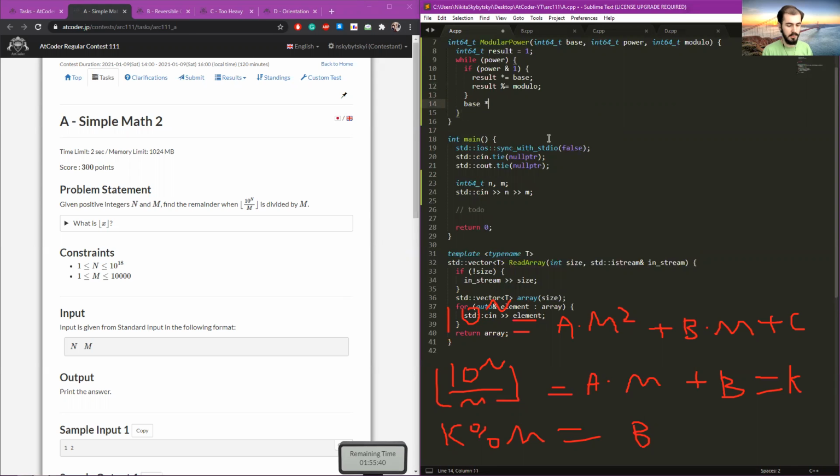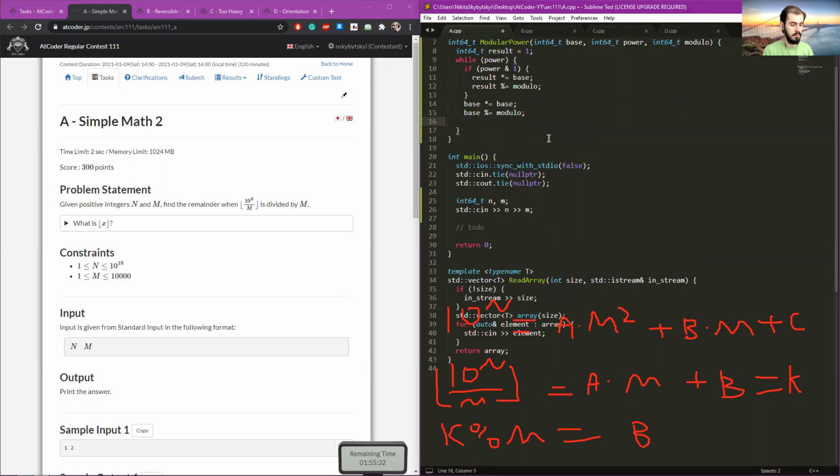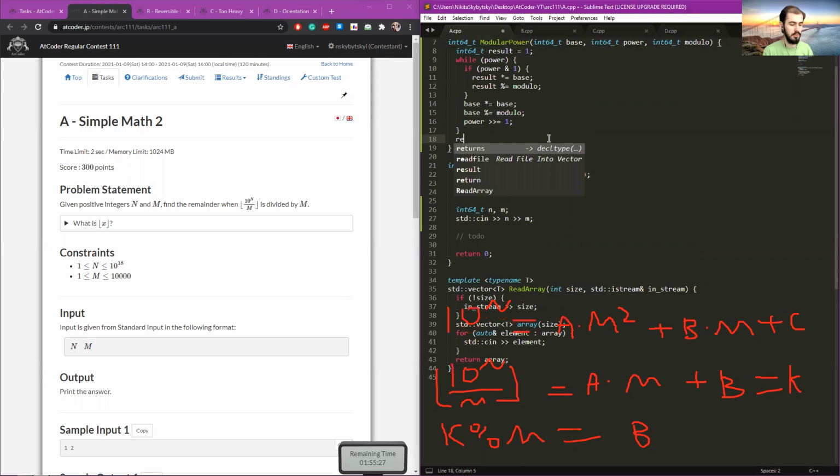Base is always multiplied by base, so that we iterate over base squared, base to the fourth, etc. And then we divide power by 2 and return the result. I think this is it. This is modular power.